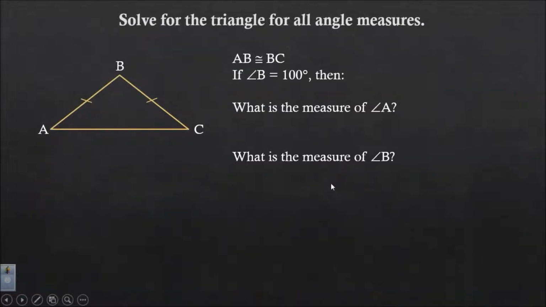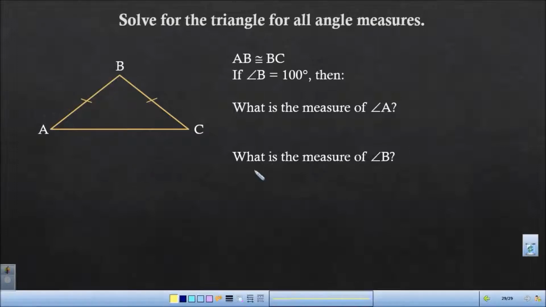All right, so now we got some math. Here we know that angle B is 100 degrees. We want to know what the measures of angles A and C are. This should probably say angle C. Well, since this is an isosceles triangle, AB is equal to BC, we know that the angles are congruent to one another by the isosceles triangle theorem.